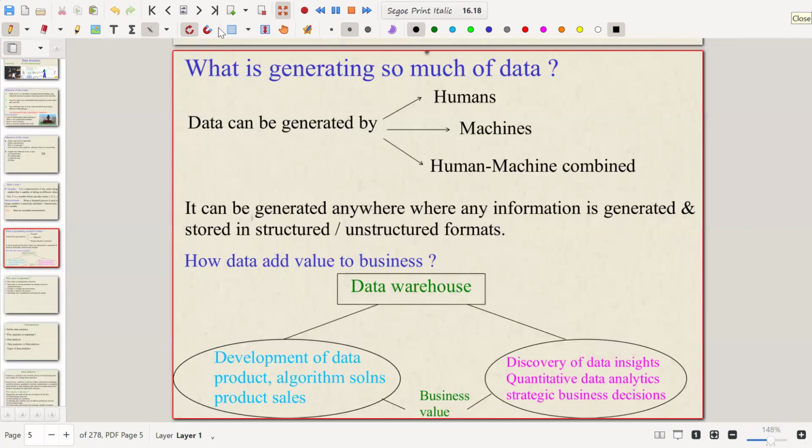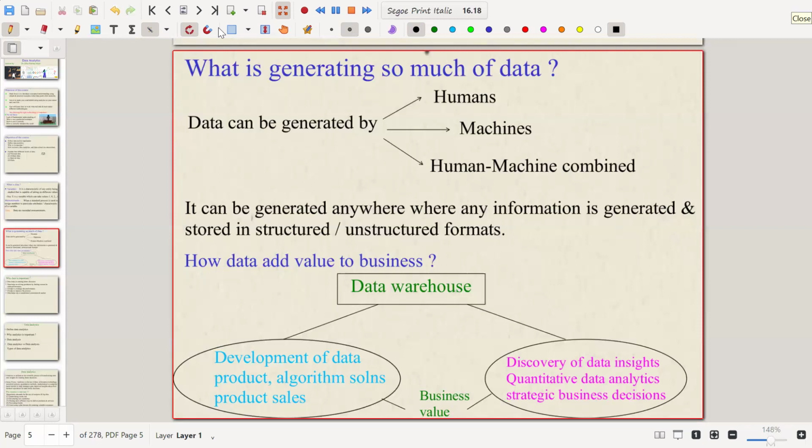In winter, when it's cold, you see that instant soup packets or popcorns will sell more because people prefer these items during winter. So you will see a spike. The shopkeeper knows that, and he will purchase more of those in the shop so that a lot of sales happen. So through this he is generating data.